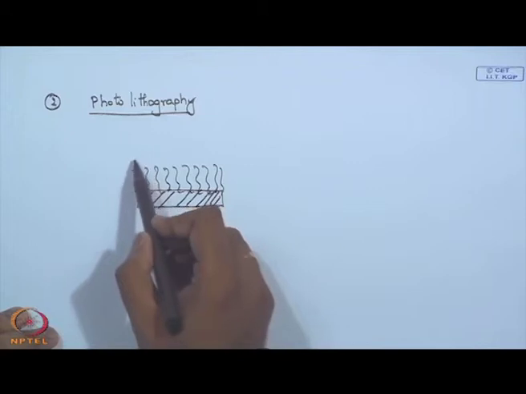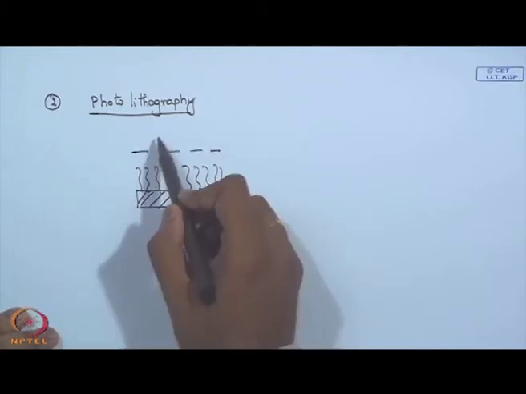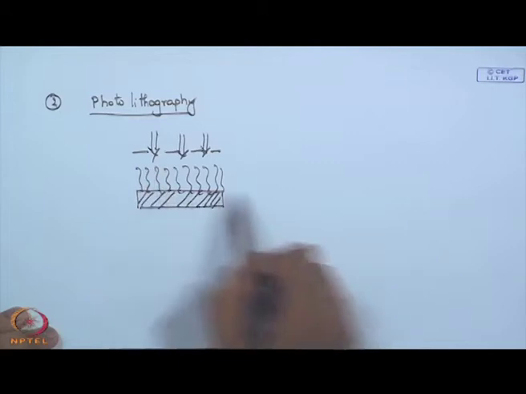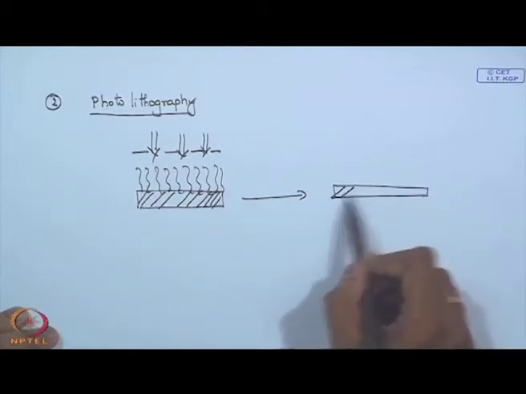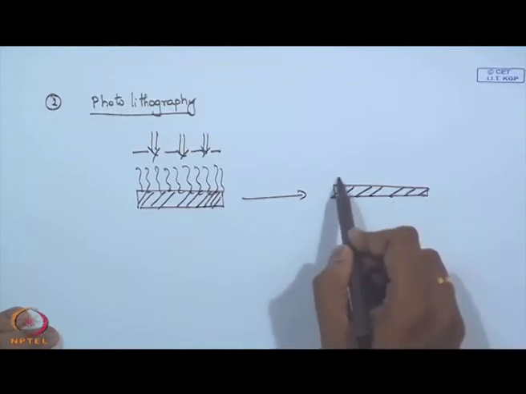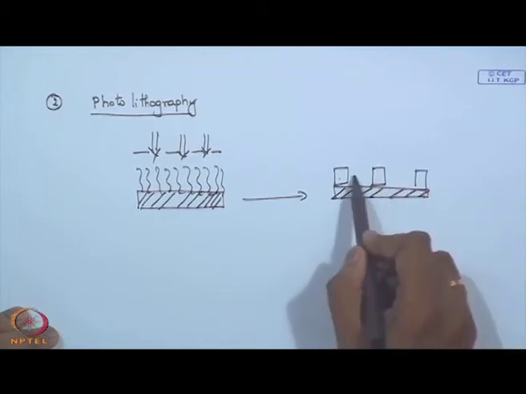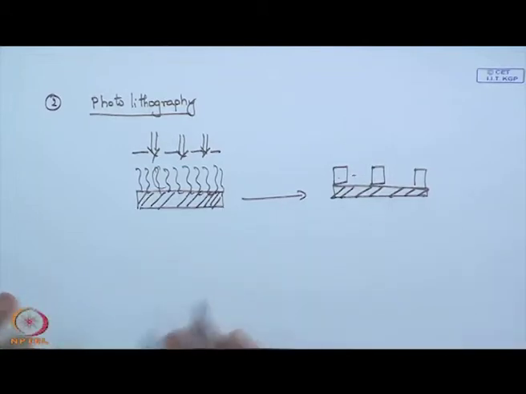Then you keep a mask on this and shine light. Wherever the light goes, that area will go off, so you will have gaps, and you can create a stamping. That's the process you have studied as a photoresist.